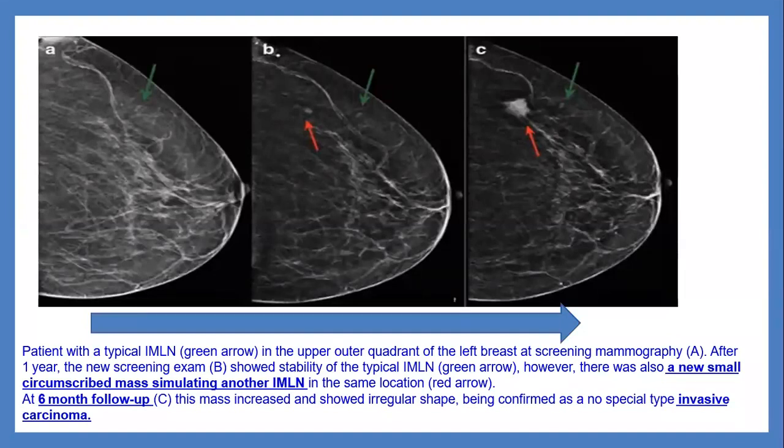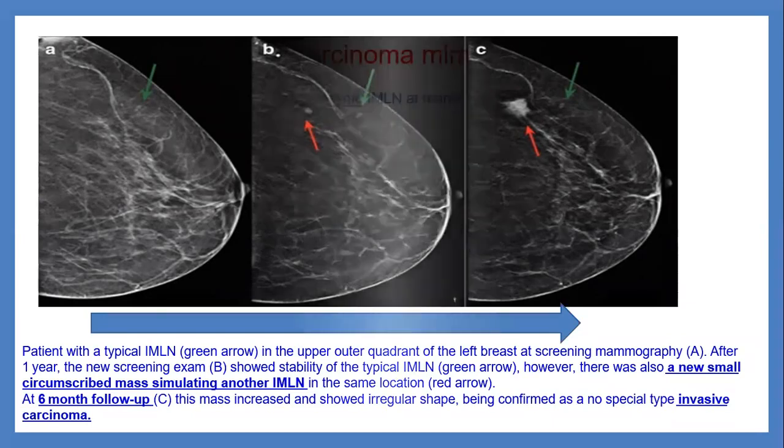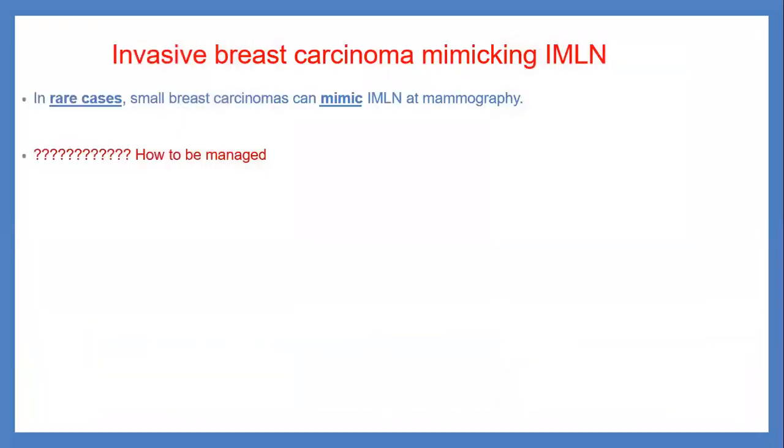And confirmed to be an invasive cancer. So they brought this as a mimicker for intramammary lymph node. Cancer, or early cancer, can mimic intramammary lymph node. That is why we have to be cautious. So in rare cases, small breast carcinoma can mimic intramammary lymph node at mammography.